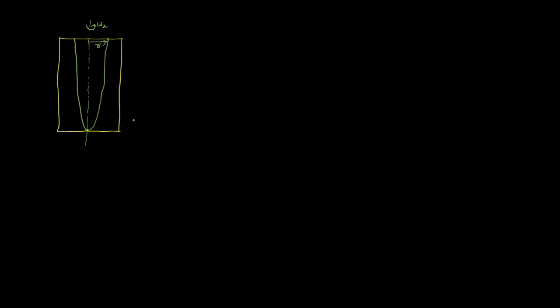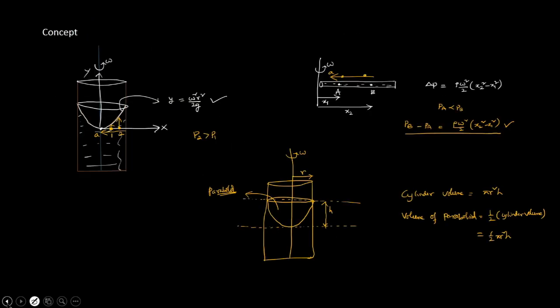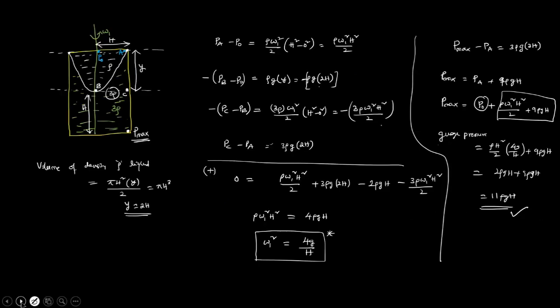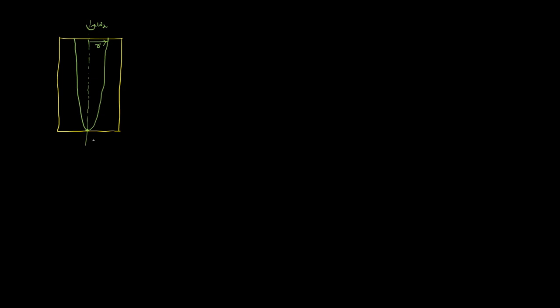So let us check. Now what I am going to apply is the first scenario, the shape of the surface of rotating fluid: y is equal to omega square r square by 2g.